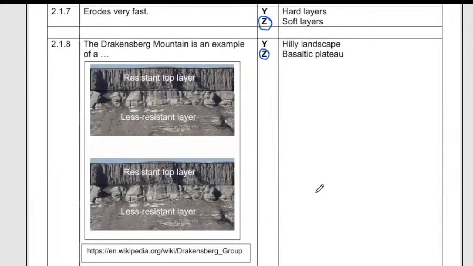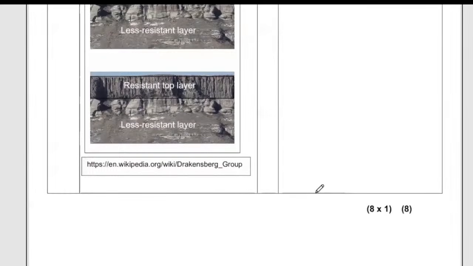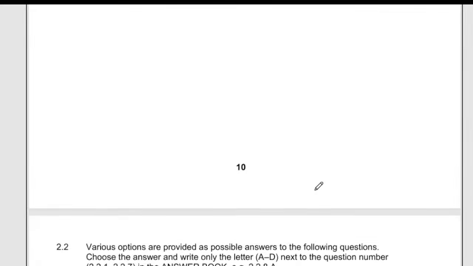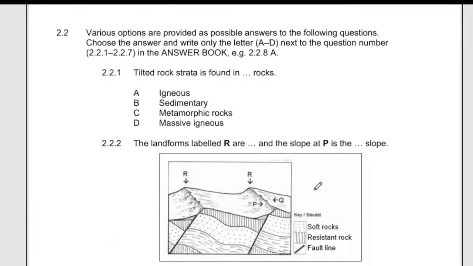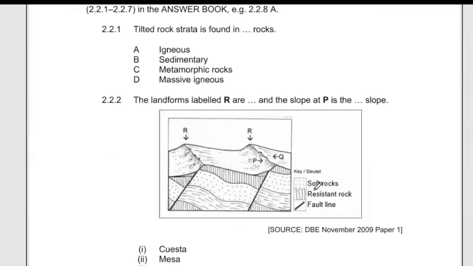Question 2.1 comes to an end with question 2.1.8. Let's look at question 2.2, which is a multiple choice question. The first question is saying tilted rock strata form in dash rocks. Where do we find tilted or inclined?